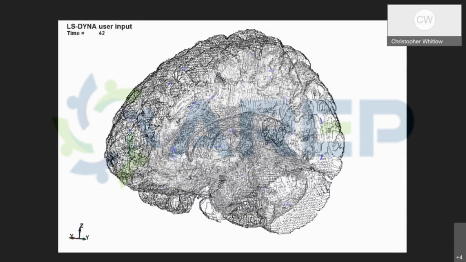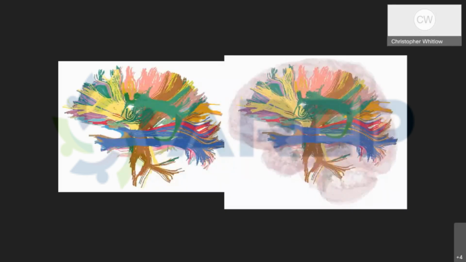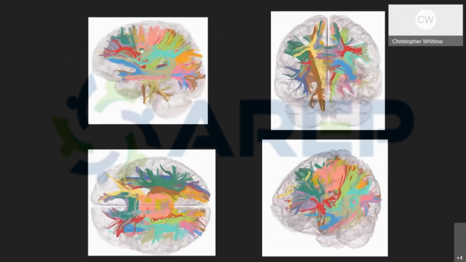And so for those who are familiar with white matter tractography and the white matter tracts of the brain, we've been working together to extend our finite element model to include white matter tracts. And this movie might play. Let's see, oh, sorry, hold on, let me go back. Here we go.